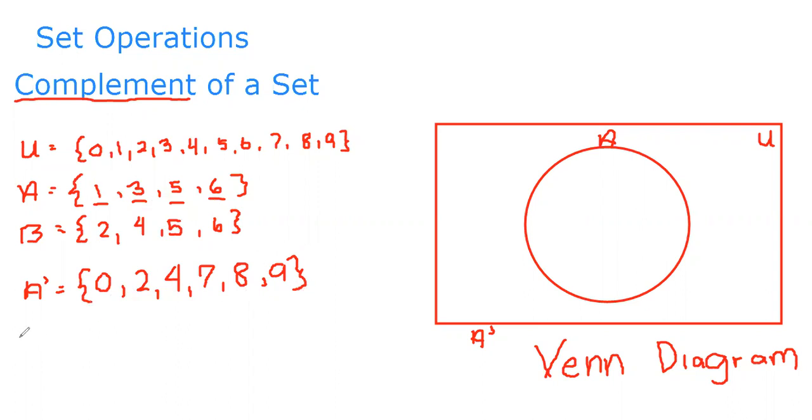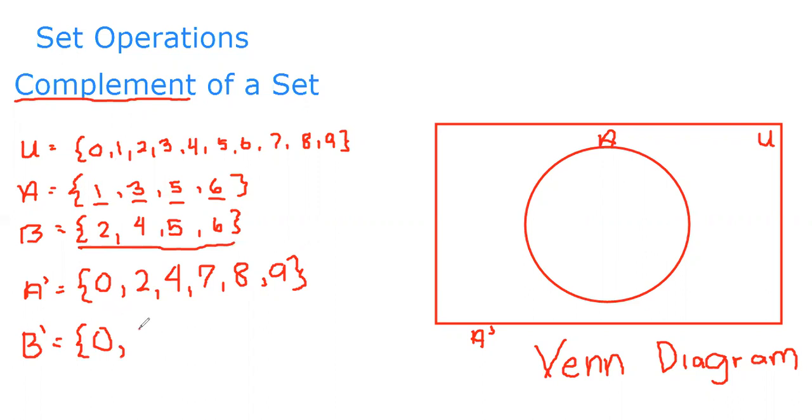Okay? So, what if naman nagkaroon tayo ng B complement? What are the elements of the B complement? So, we're going to write 0 ulit, di ba? Because there is no 0 in set B. Another, we have 1.